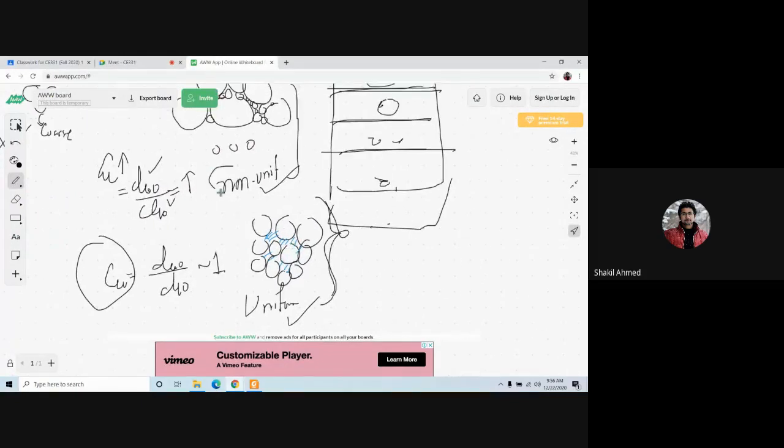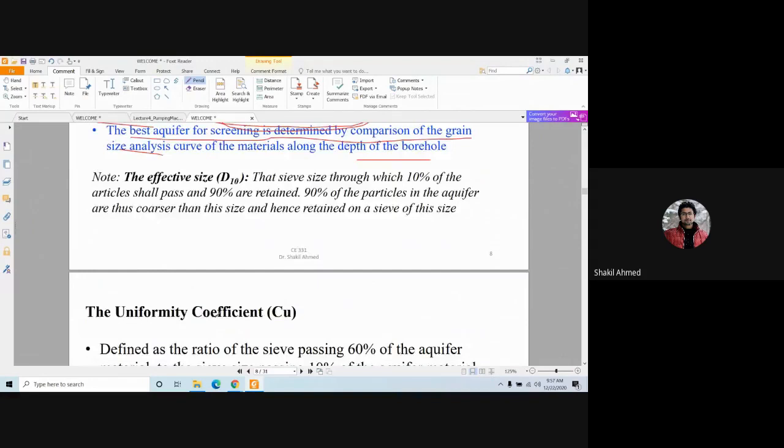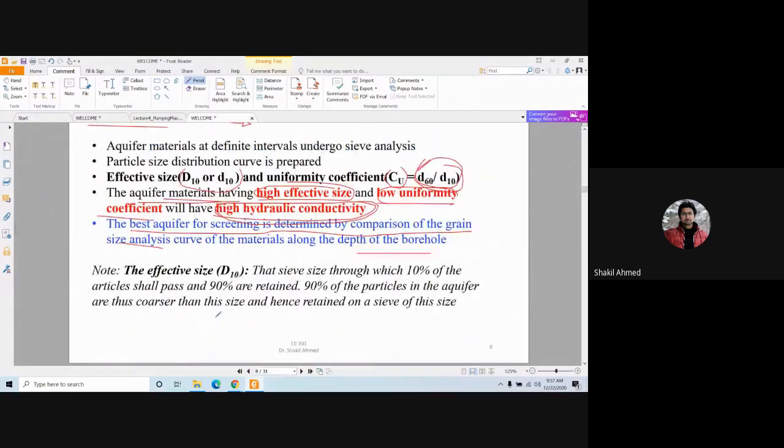But if it's non-uniform, then there is low space or fewer pores for the water to occupy. Clear? Yes, sir. So the uniformity coefficient is also an indicator of the degree of porosity.